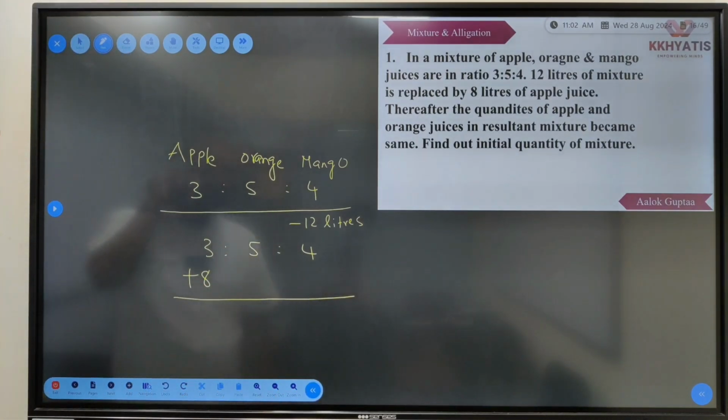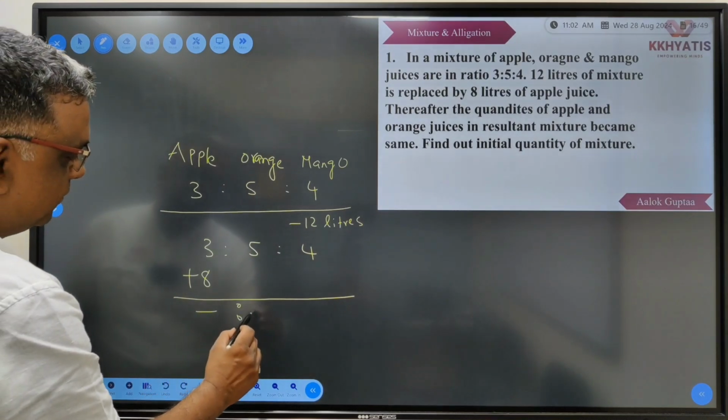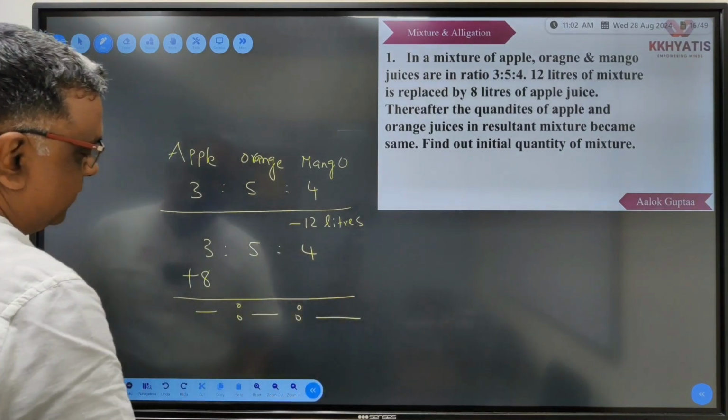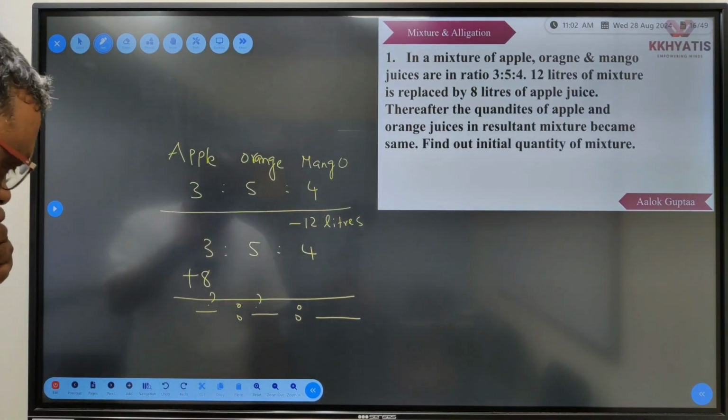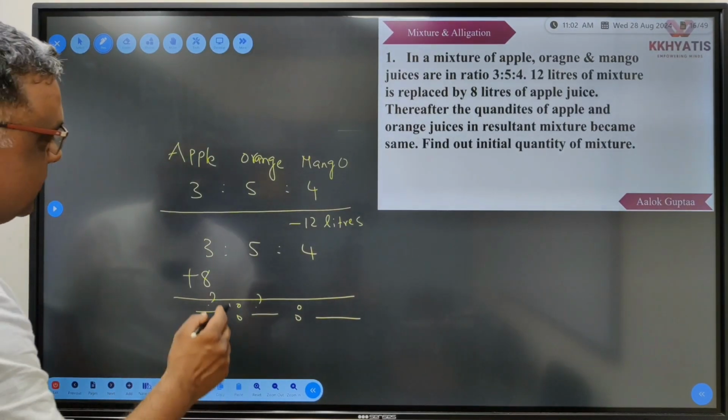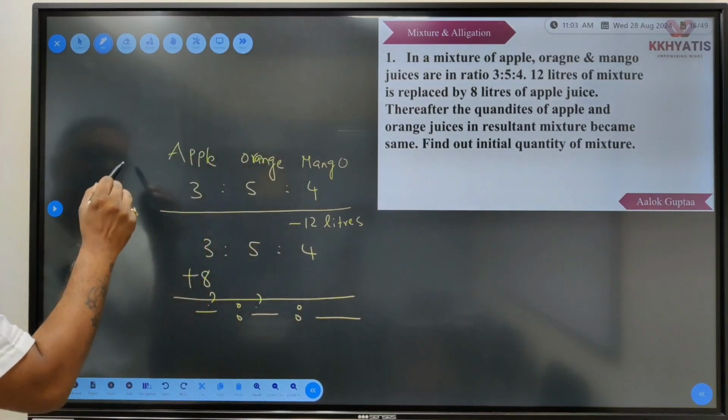And in the resultant, I yet do not know the ratio. This and this, they both are same. Let us say initially also the quantity I don't know.